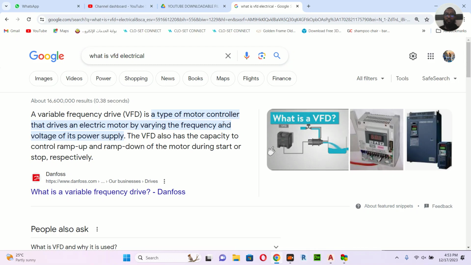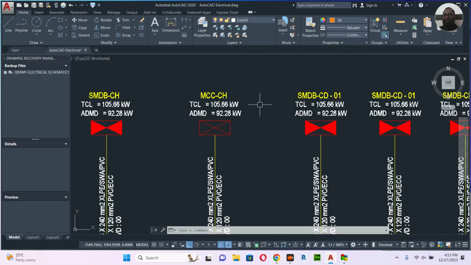The VFD also has the capacity to control ramp up and ramp down of the motor during start or stop respectively. So you can control the frequency of the motor, you can speed up and slow down, and I think you can control the RPM.